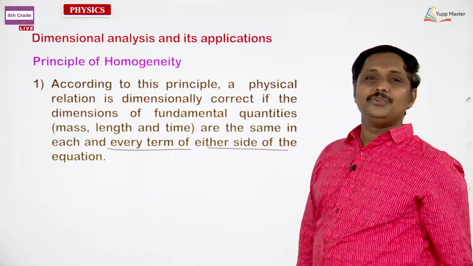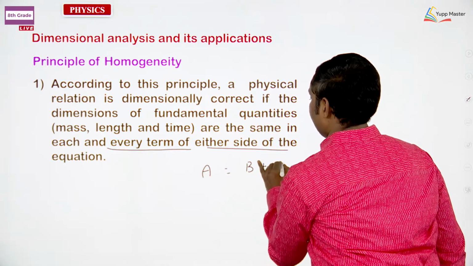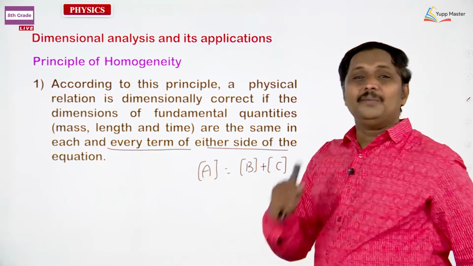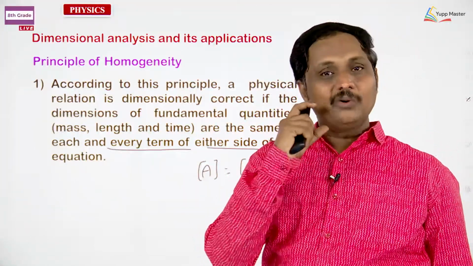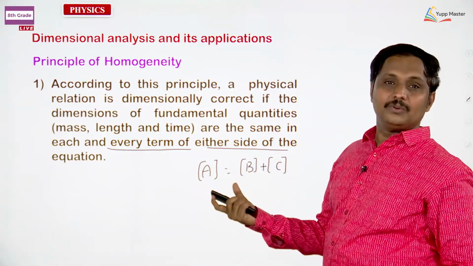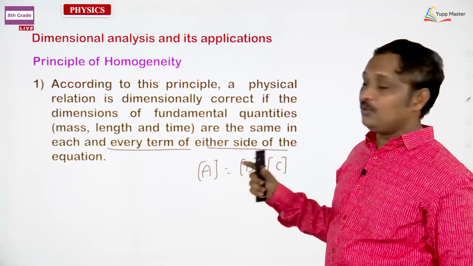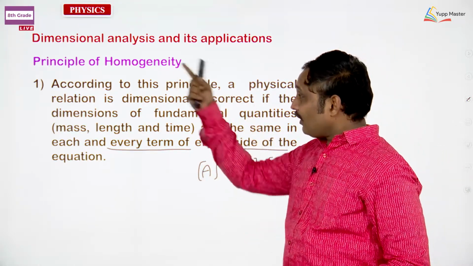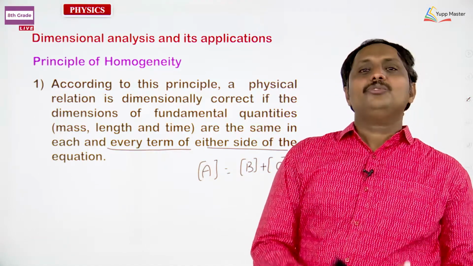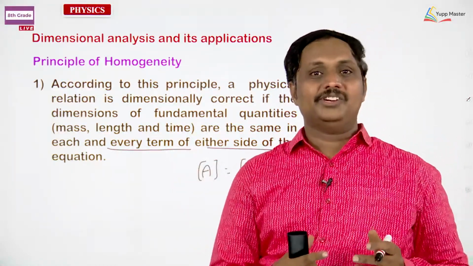Suppose we take the summation A is equal to B plus C. Similar kinds of physical quantities are going to be added. Suppose A is one kind of physical quantity, B is also the same kind and C is also the same kind, then only you can add that. You can go for that principle of homogeneity. So, the same kind of physical quantities can be summed.